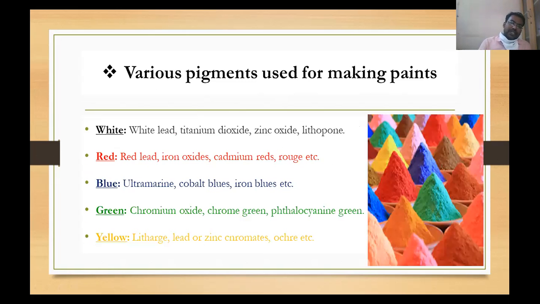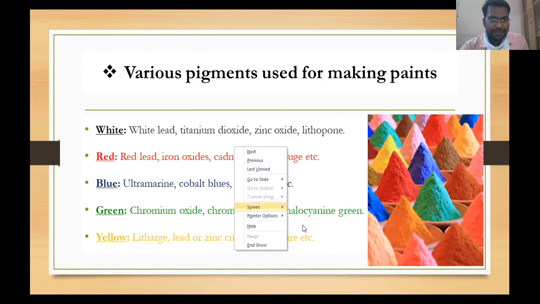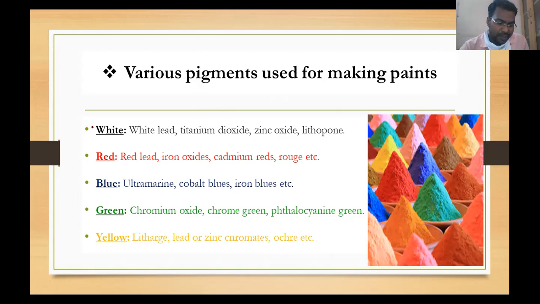So basically, whenever we are discussing the paint, different kinds of pigments are used for making the paints. For example, suppose we have to make the white paint. Whenever we make such kinds of white paint, generally the pigments used are white lead, then titanium dioxide, TiO2.